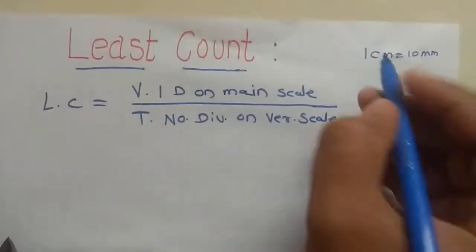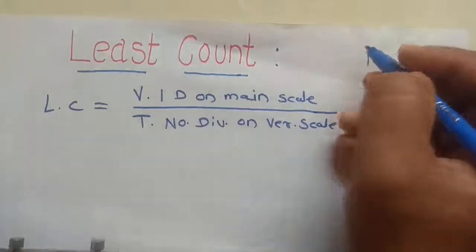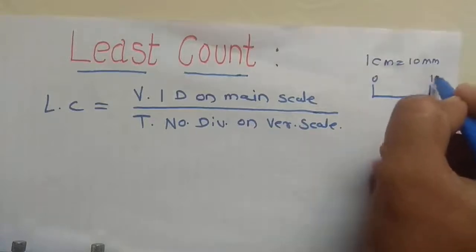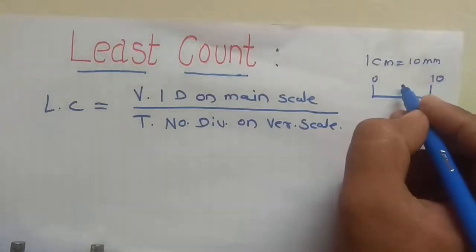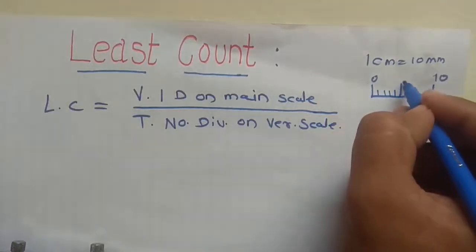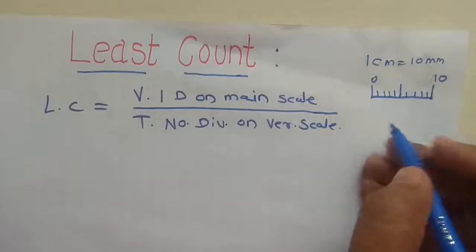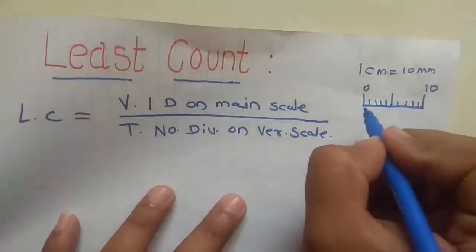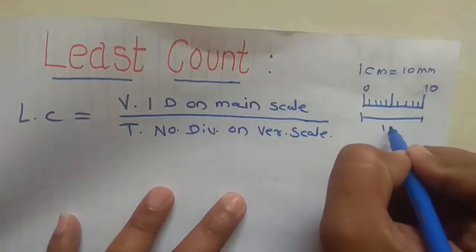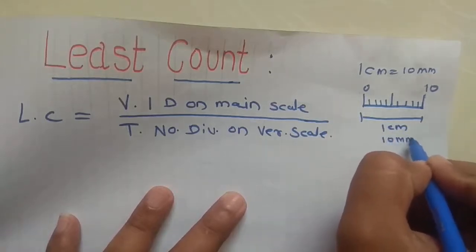In this case, on the scale, this is 0 and this is the line of 10 mm. In between we have the lines 5, 6, 7, 8, 9, and this is 10. Now you can identify that the distance from this point to this point is 1 centimeter, or we can write it as 10 mm.